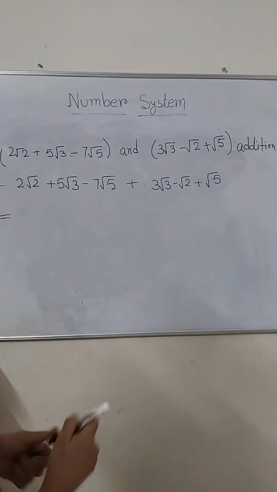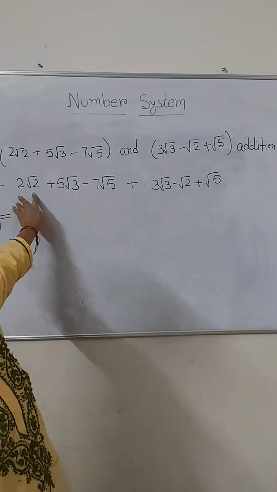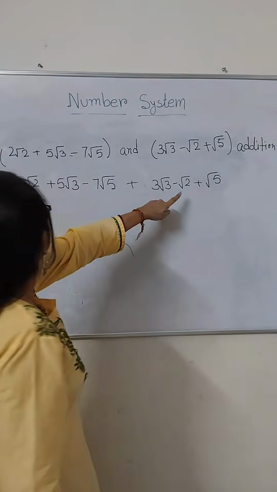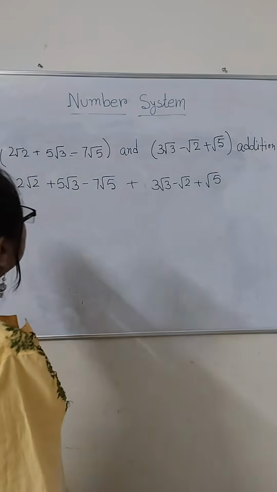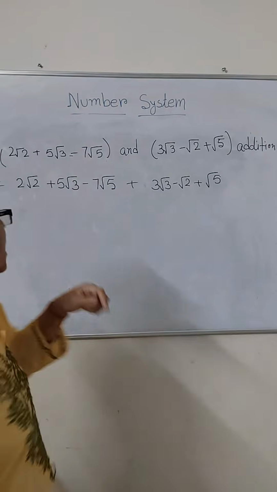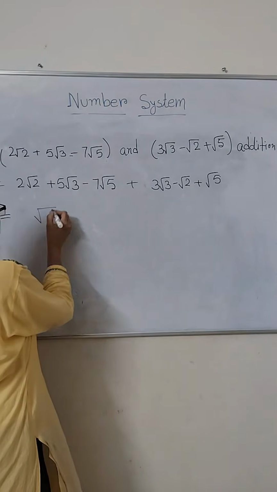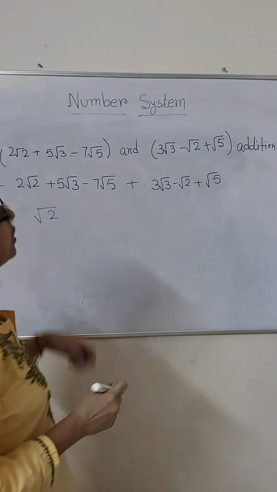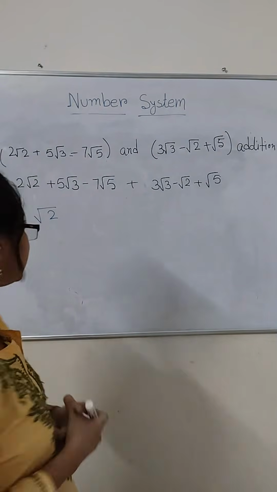Okay? 2 root 2. There is 1 root 2 here. So there is plus and there is minus. 2 minus 1 means root 2. Okay? And the bigger number is 2. So that is a plus sign.